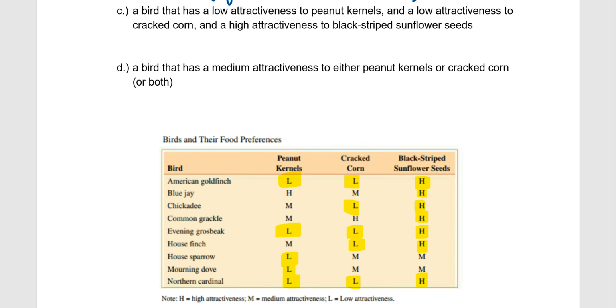So now we need to count how many satisfy all three of these conditions, and we're doing all three because of the word and. The ones that satisfy all three conditions are going to be the first one, which was low, low, high, and then the evening grosbeak. And then the last one, it looks like the northern cardinal satisfies all of them as well.